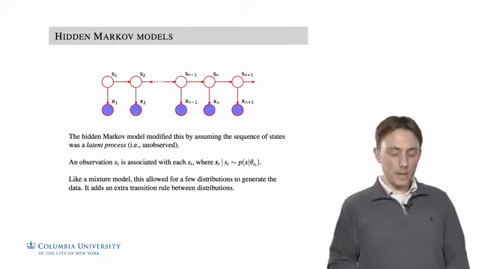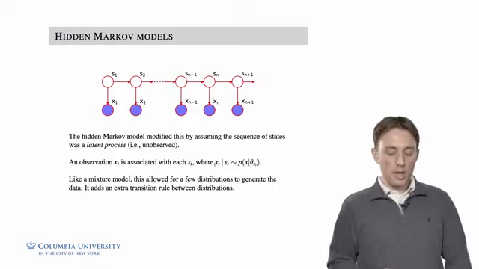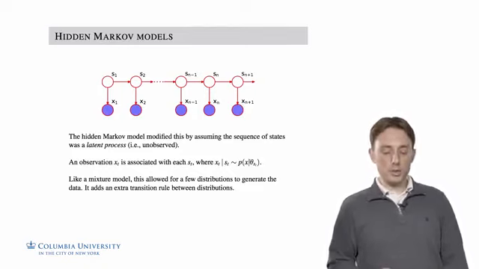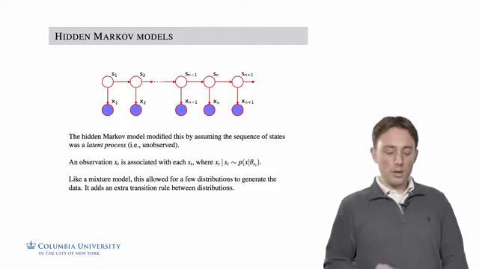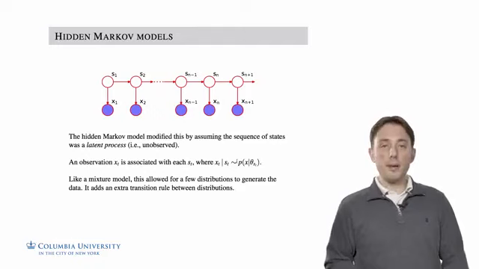So for example, at time t, the distribution on the observed sequence at time t, xt, given the state at time t, st, is generated from some probability distribution with parameter selected by the state st. So these distributions were always the same family, but the parameter itself was state dependent.